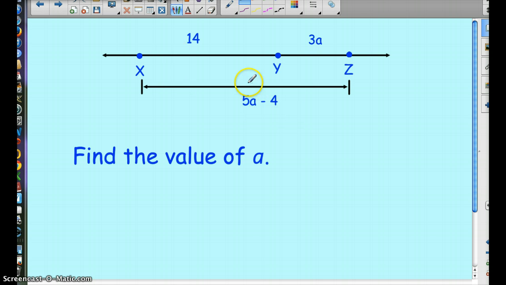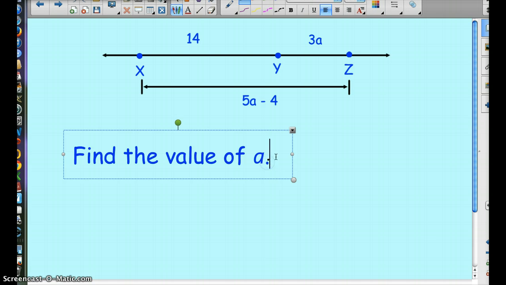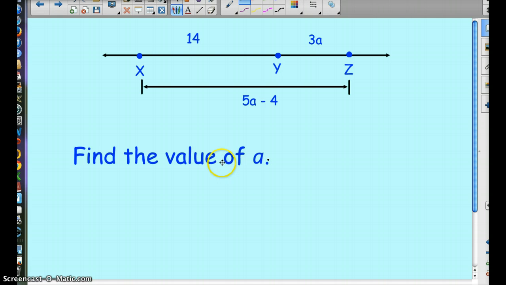We have 5A minus 4, and then one segment is 3A, and we have another segment that's 14. So what we're going to do is remember that XY, the two segments with the between point Y, XY plus YZ equals XZ.